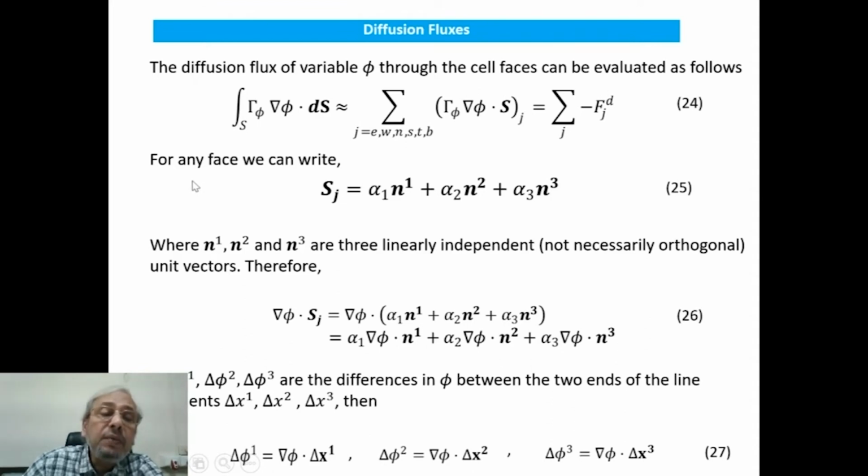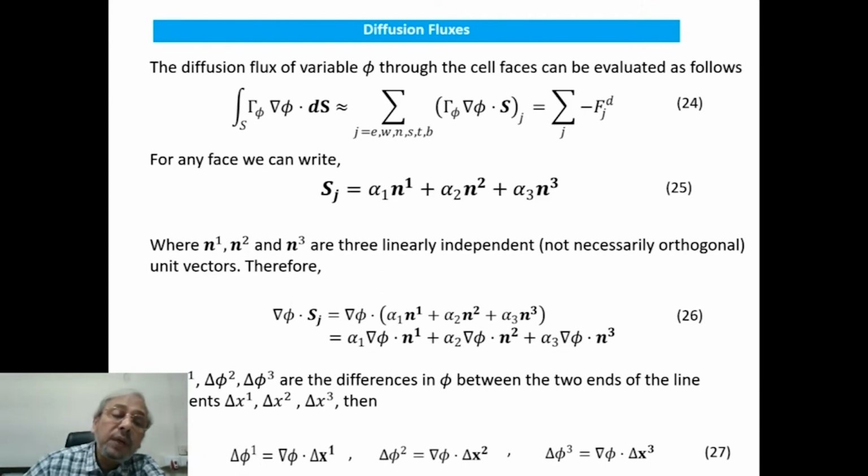So any surface vector, given by Sj, we can write as alpha 1 into n1 plus alpha 2 into n2 plus alpha 3 into n3, where n1, n2 and n3 are three linearly independent unit vectors. They may be orthogonal, may not be orthogonal.